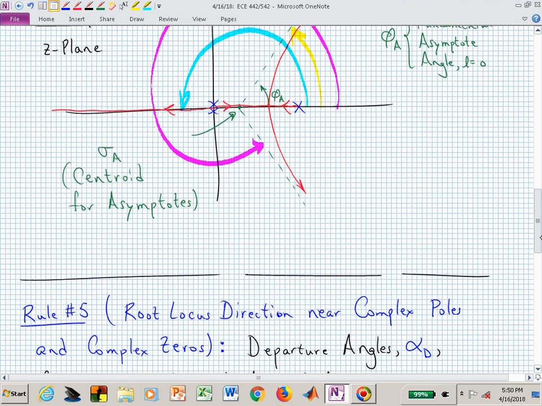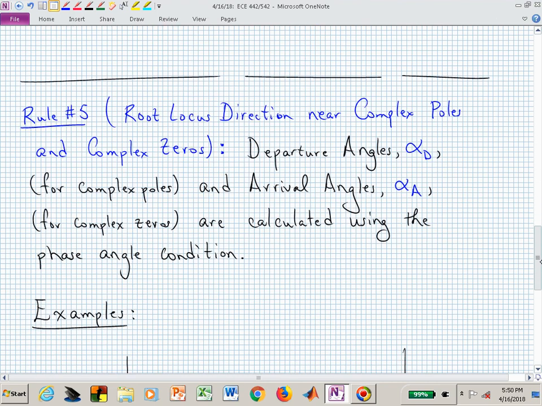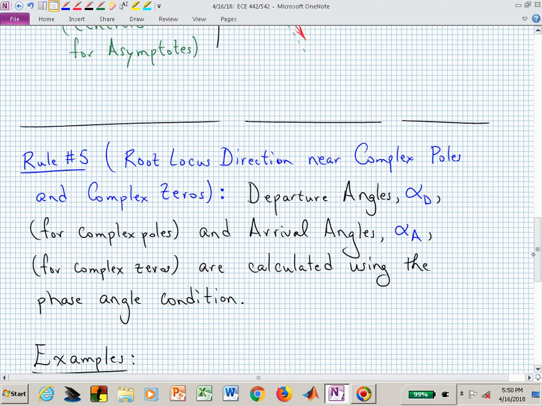That was rule number 4, guidelines on how to sketch these branches of our root locus that go off to the zeros at infinity. The next rule, this is the fun rule. Well, they're all fun, so I won't qualify any of them as being fun. Rule number 5 tells us the direction or the angle with which we approach complex zeros or we depart complex poles.